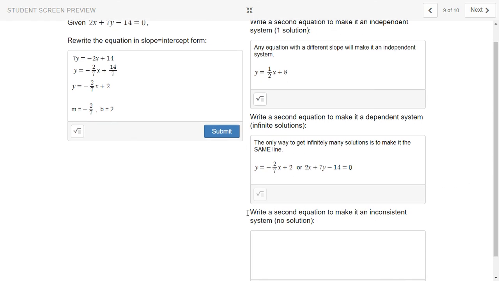Lastly, write a second equation to make an inconsistent system where we have no solutions. The only way that we can make it have no solution is if it's a parallel line.